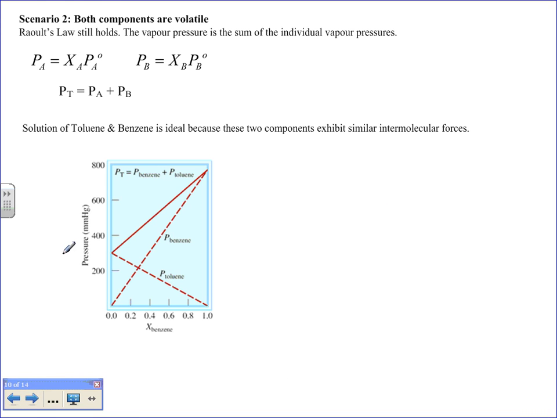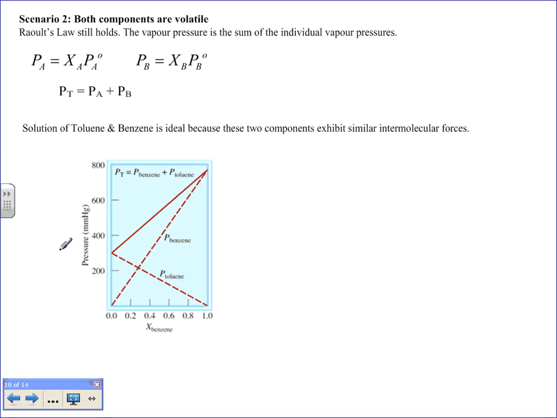In our second scenario, we're going to look at a solution that's prepared by mixing two volatile components. Okay, so both the solute and the solvent are able to evaporate or will hold their own individual vapor pressures. Okay, this graph here looks at a solution of toluene and benzene. And toluene and benzene, when they're combined as a solution, are considered ideal, because they exhibit similar intermolecular forces.